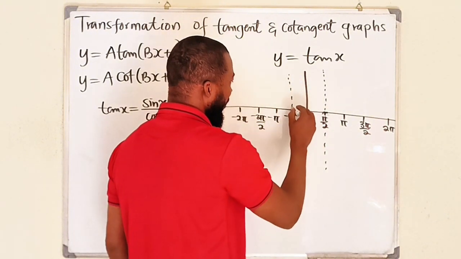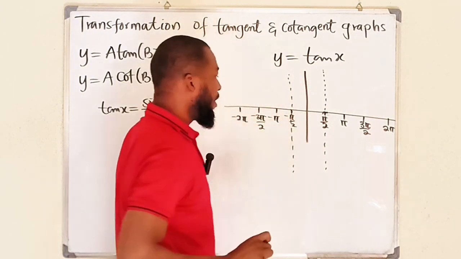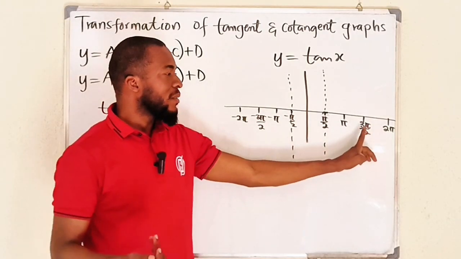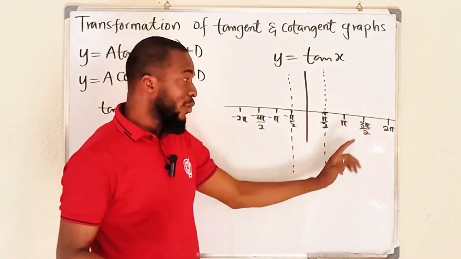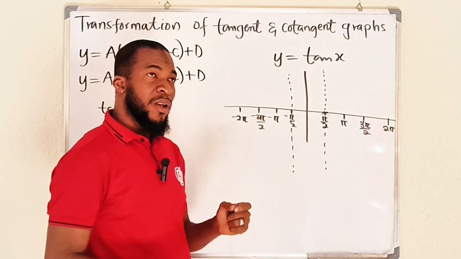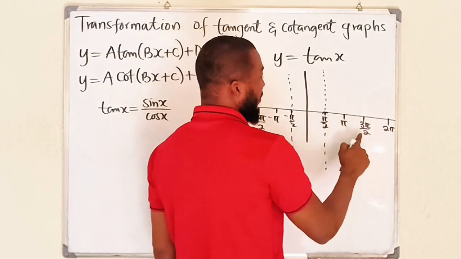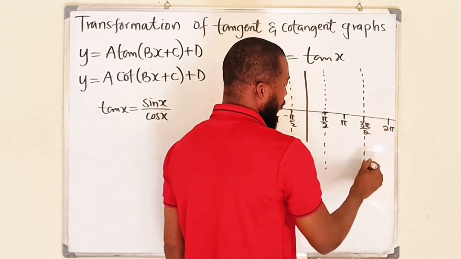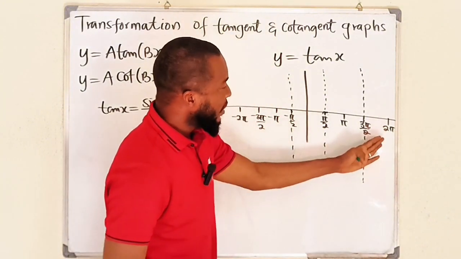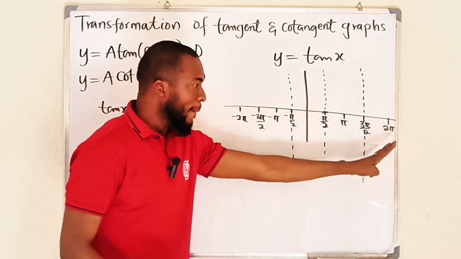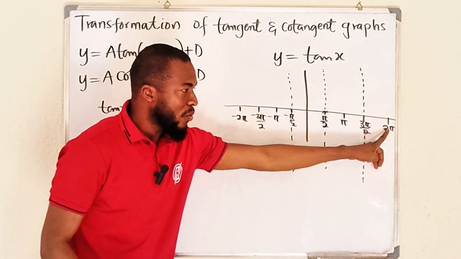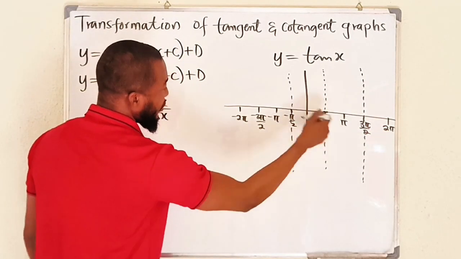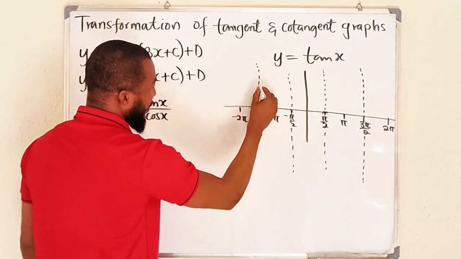Likewise here, the graph will never pass that point. At 3 pi over 2, which is equivalent to 270 degrees, cosine of this value is also 0. So we don't want any situation that will make our denominator equal to 0.